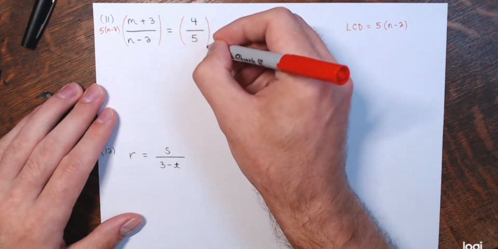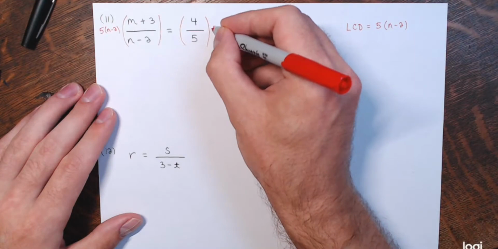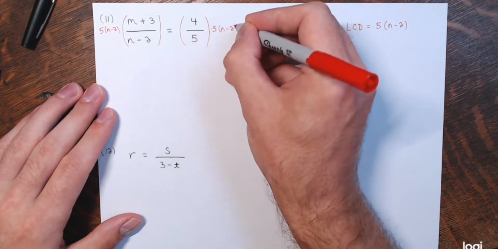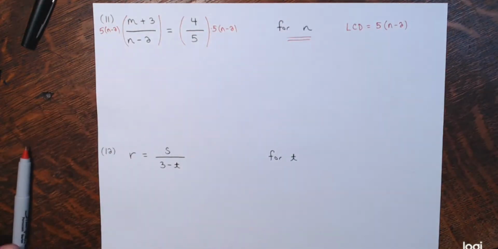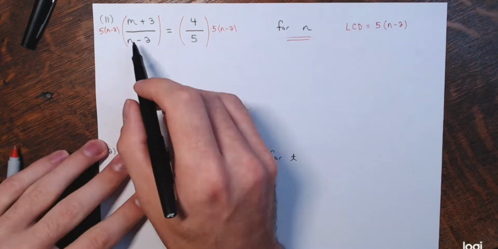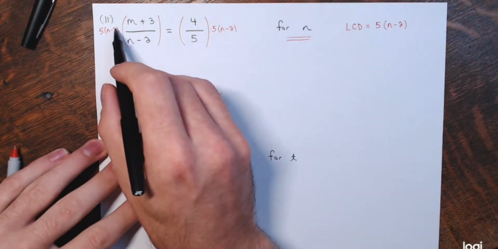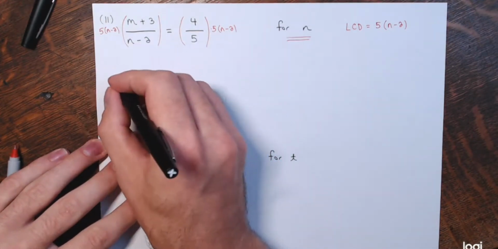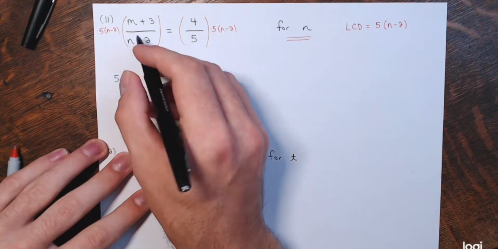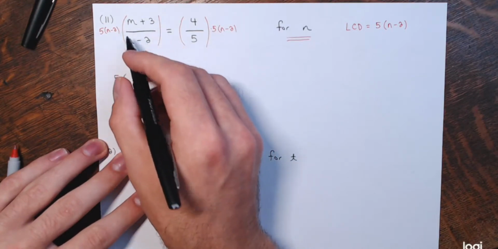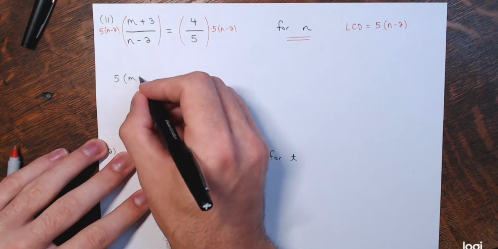Right side, the 4/5, also multiplying by 5 times the quantity n minus 2. On the left side, the n minus 2's would cancel, and I'd be left with 5 times the entire numerator, right? So the quantity, m plus 3.